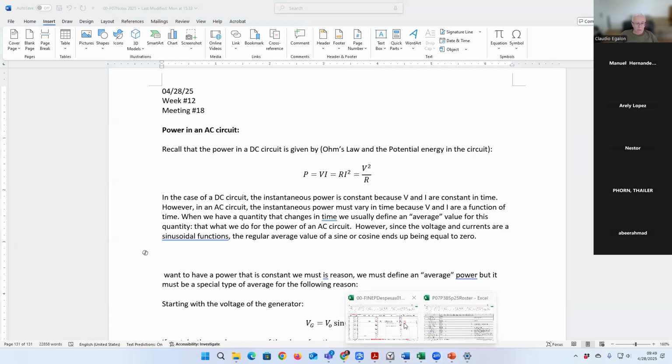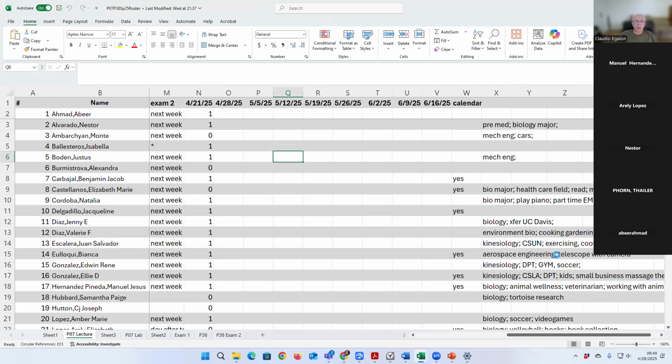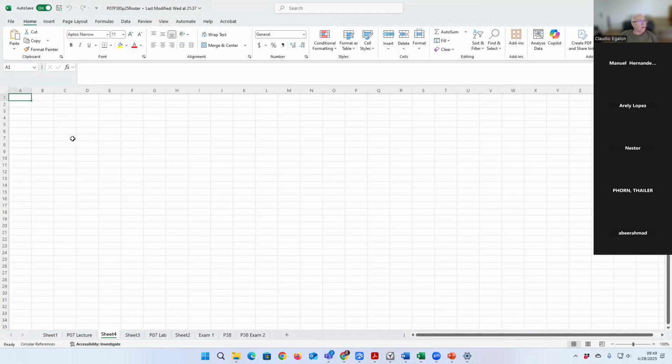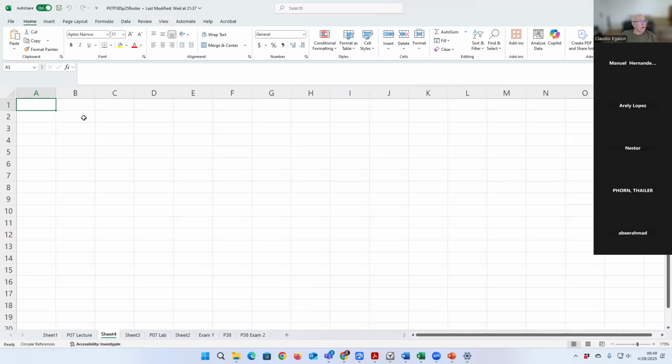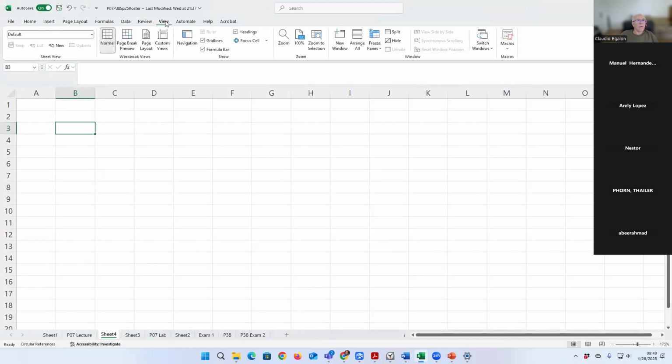All we have to do is to plot a sine function. I'm going to do that in Excel so you can see what I mean. I want to put N here, and T here.